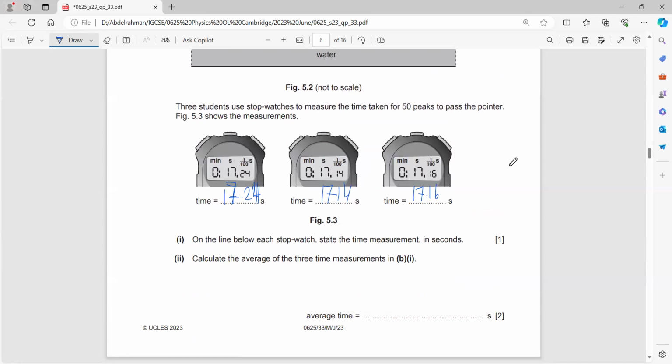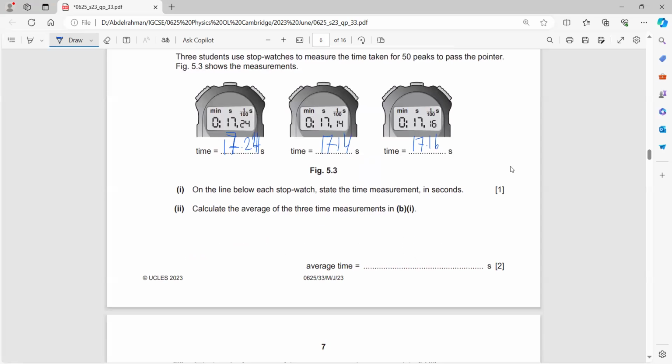Calculate the average of the 3 time measurements. I need to find the average. Add them together and then divide by 3. 17.24 plus 17.14 plus 17.16 divided by 3.